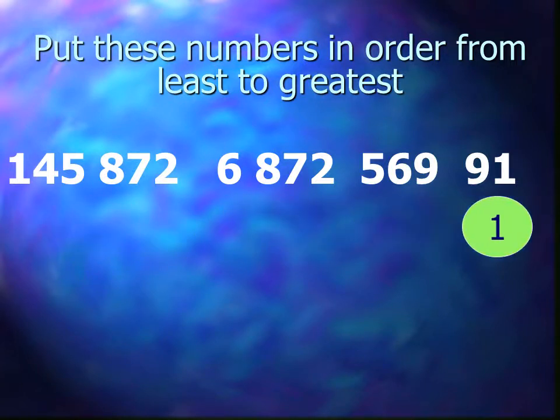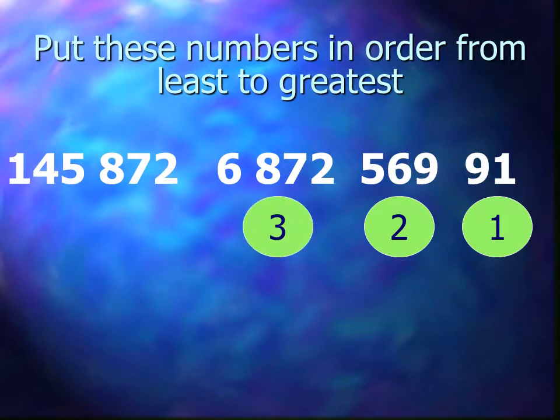Well, that's right. It is, of course, 91. 91 is the smallest number. The next smallest, so the one that's just one step bigger, would be 569, followed by 6,872, and finally 145,872.